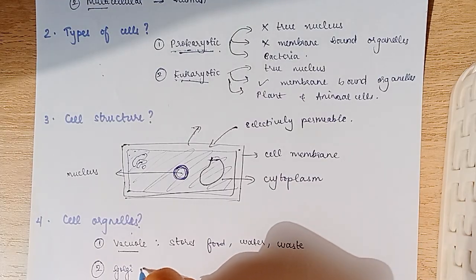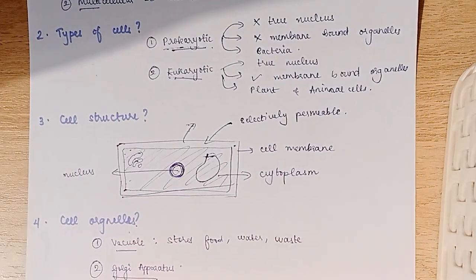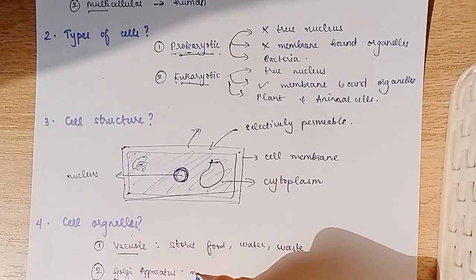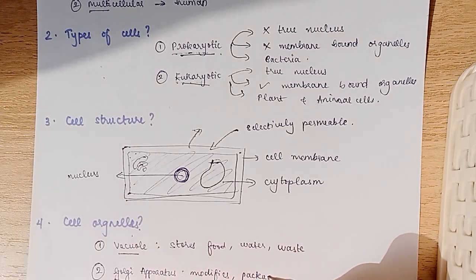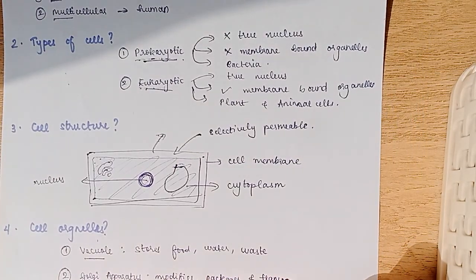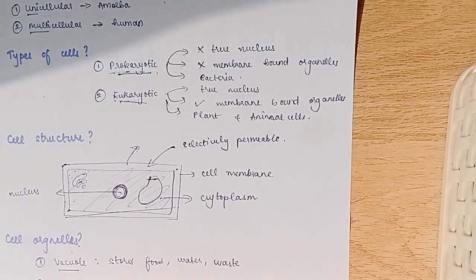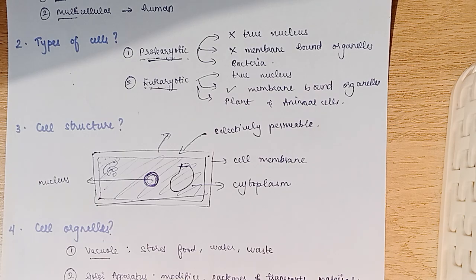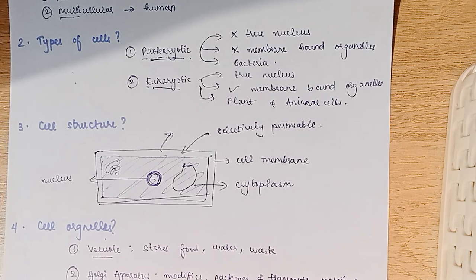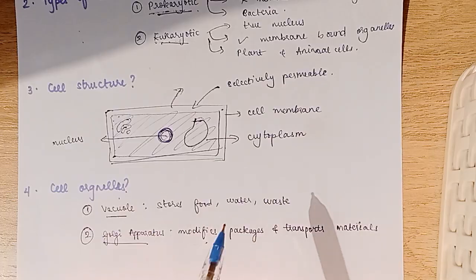The Golgi apparatus modifies, packages, and transports materials inside the cell. So the Golgi apparatus is like the industry. It makes the materials, or it modifies them and then packages them as well as transports materials inside the cell.